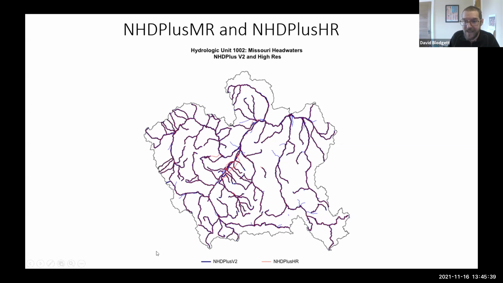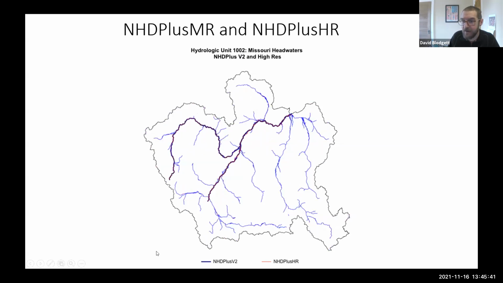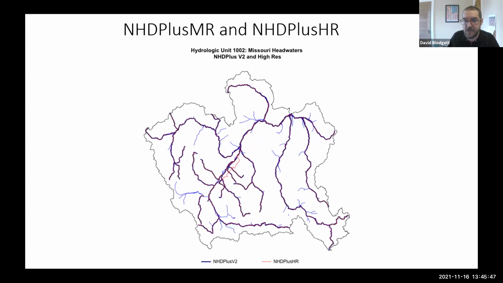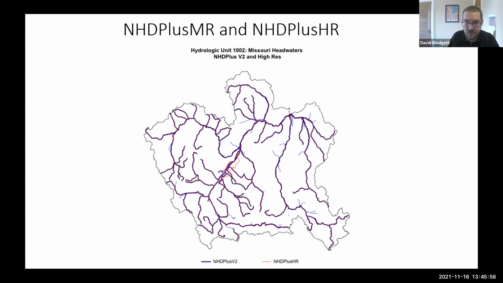And so we're animating in these pairings of medium res. The medium res is all there to begin with, and what we're animating in is the matching high resolution features that go along with those. And this is done by doing some spatial matching between upstream locations of features and how their path traces in the downstream direction.